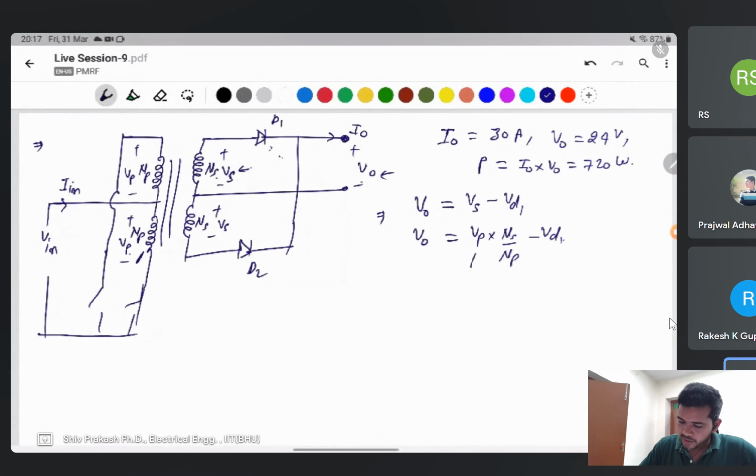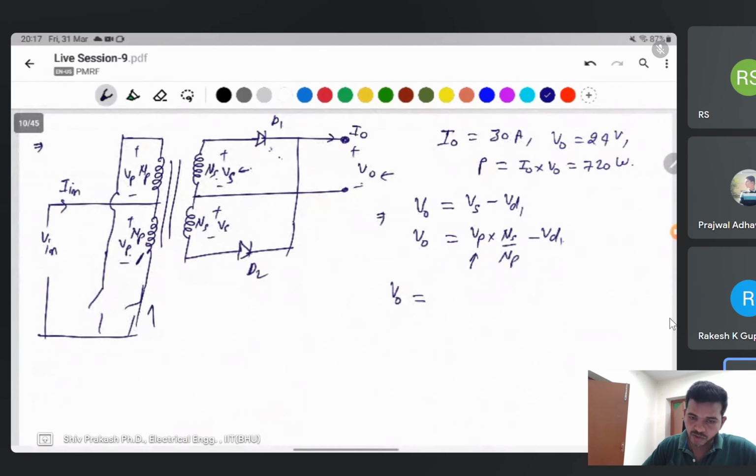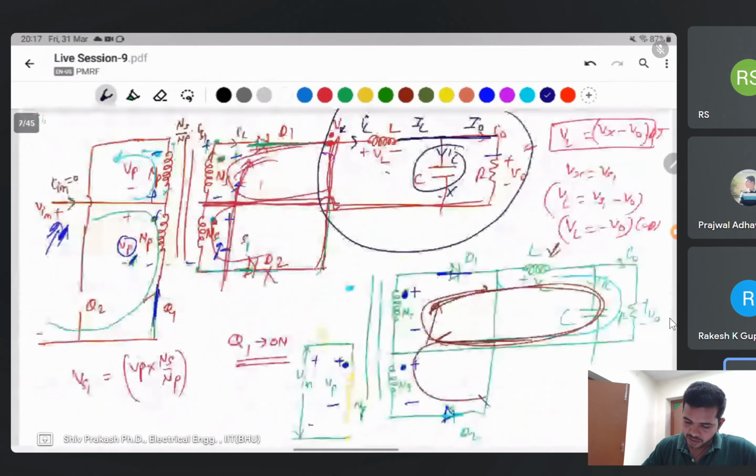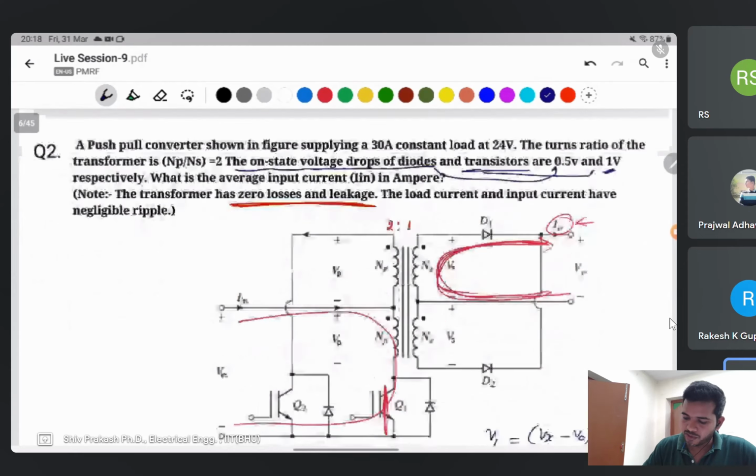Then what is Vp? Vp is given as a voltage drop that occurs across the switches, also given in the question. The on-state voltage drop across the diode and transistor: diode will be 0.5 volt, transistor will be 1 volt.